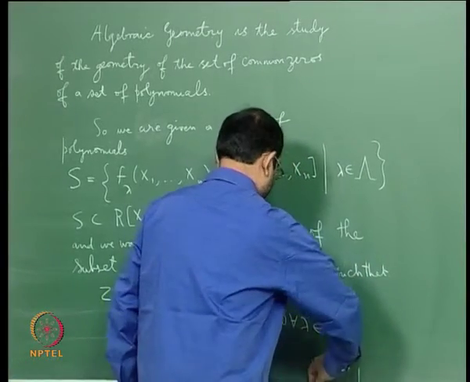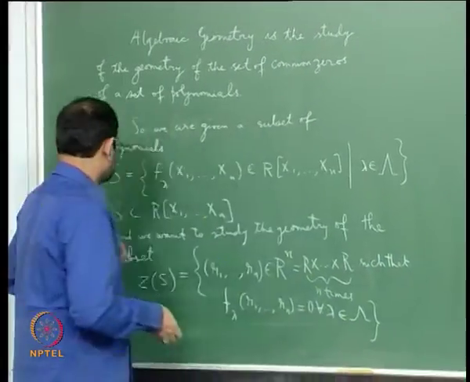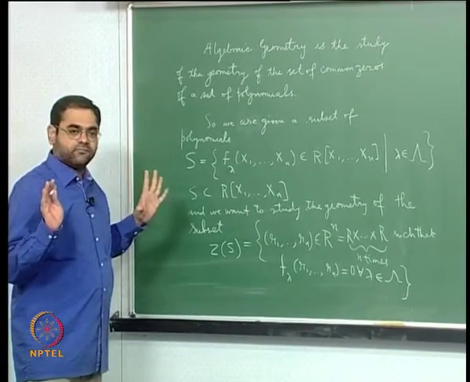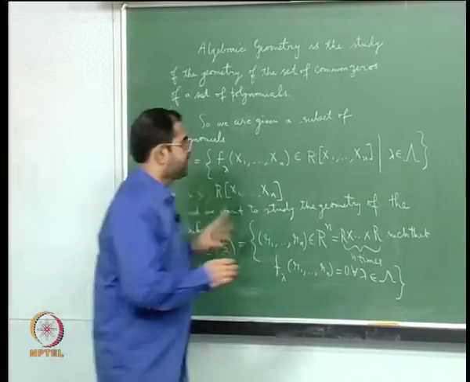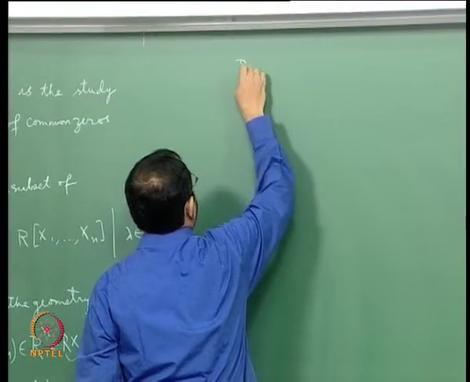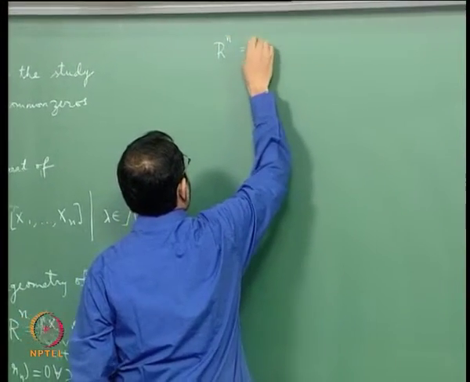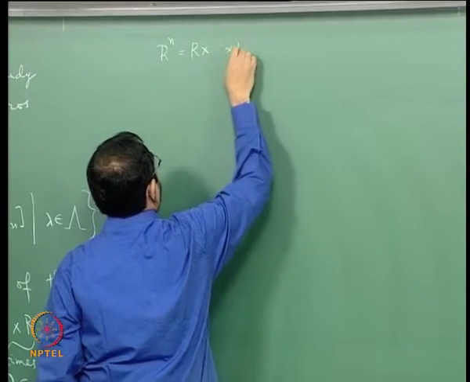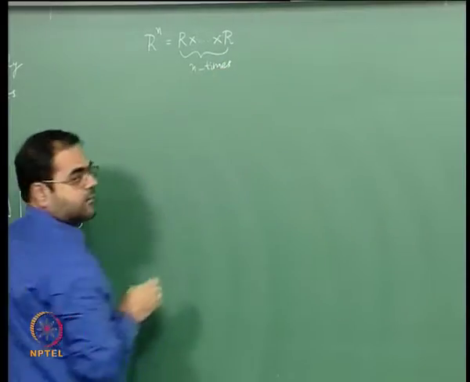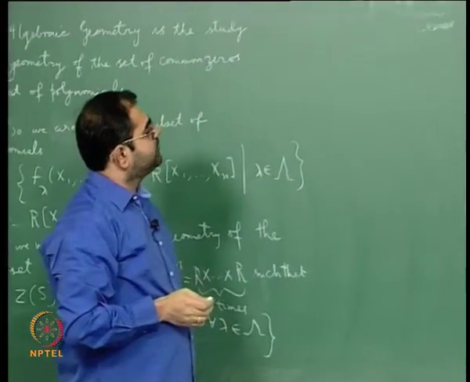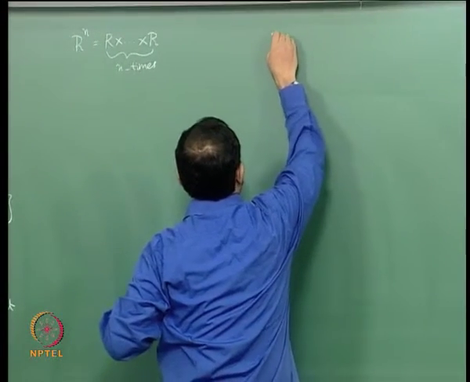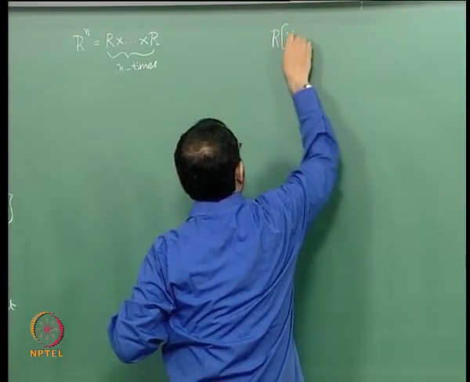Okay. So you see, basically what is happening is that you already have two objects here. On the one hand you have Rn, which is R cross R n times, and on the other hand you also have the polynomial ring over R in n variables.